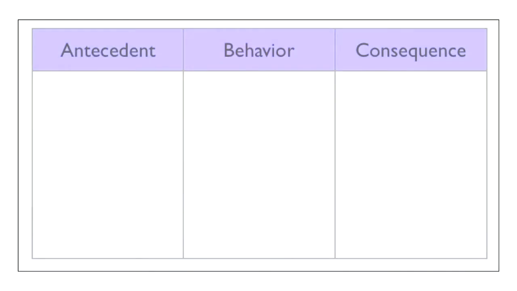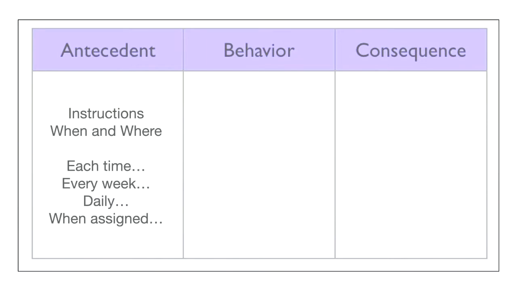So I developed a chart to explain these three things here. When we're developing a plan and applying this, we might write out antecedents, behaviors, and consequences using a chart similar to this. Antecedents include instructions as to when and where the behavior happens, and that might include things like each time, every week, daily, when assigned, in accordance with the assignment. All of these things basically tell the individual when and where the behavior is going to happen.